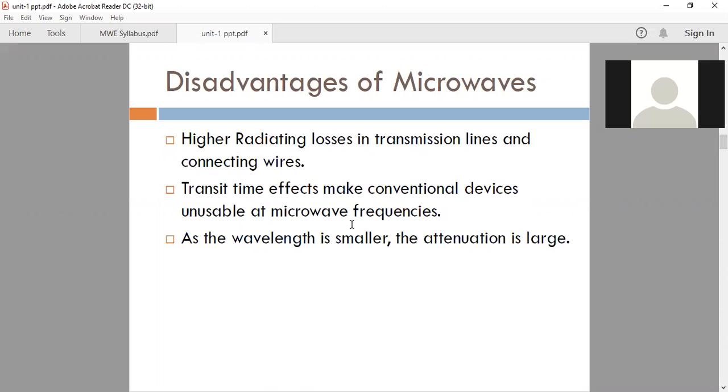There is a problem like transit time effect, inter-electrode capacitance and inductance problems. These are the problems in conventional tubes. That means our normal RLC circuits are not useful for microwaves. Microwaves need special types of equipment for all the operations. There are radiating losses, transit time effect, and since the wavelength is smaller, the attenuation is large. That is one of the problems.